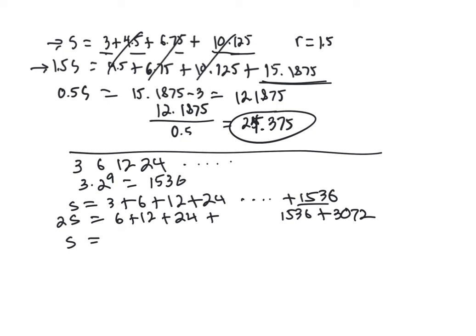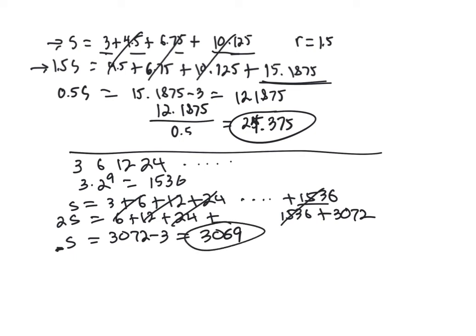On the right side, everything cancels out until we get 3072 and 3. So we get 3072 minus 3 equals 3069. And then we would, in this case, divide by the coefficient of s, but we already know that that's 1, so we end up with just 3069.